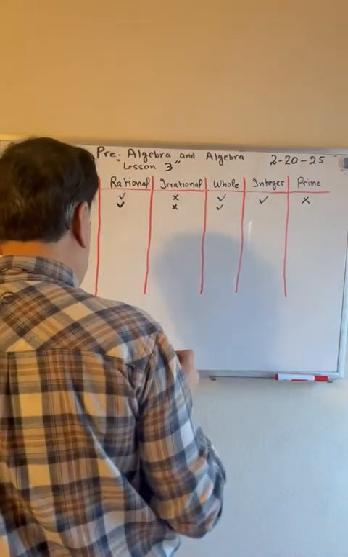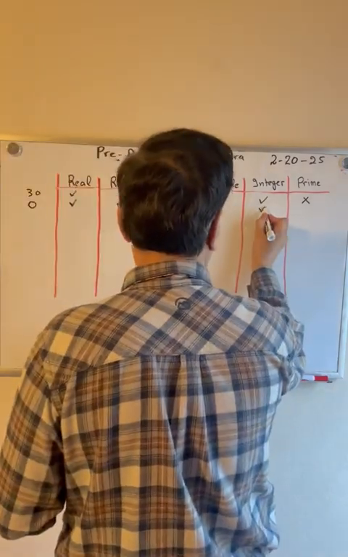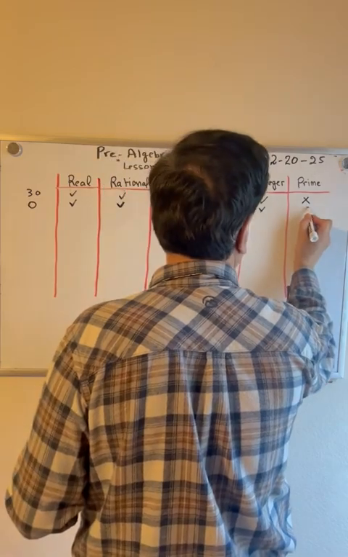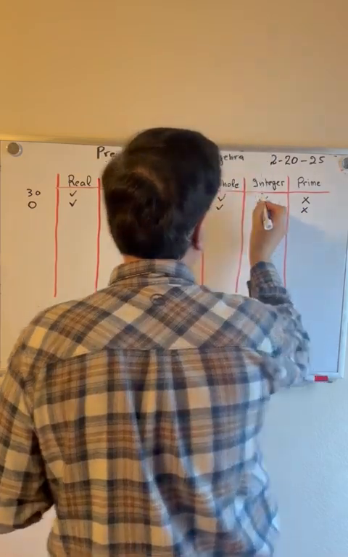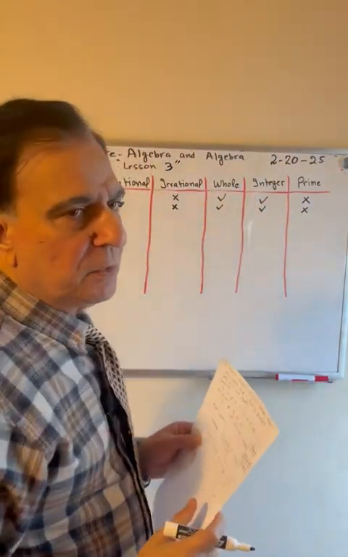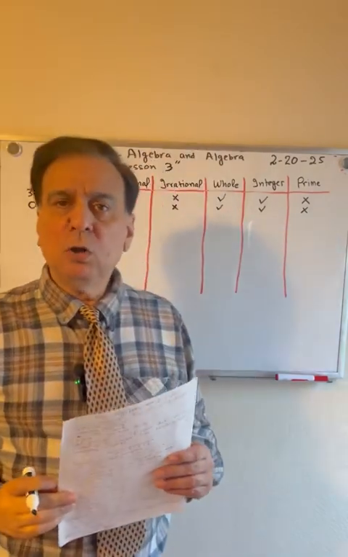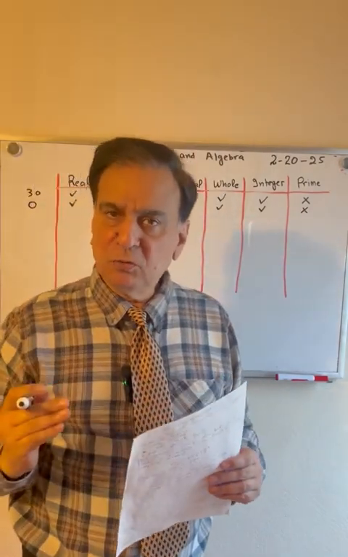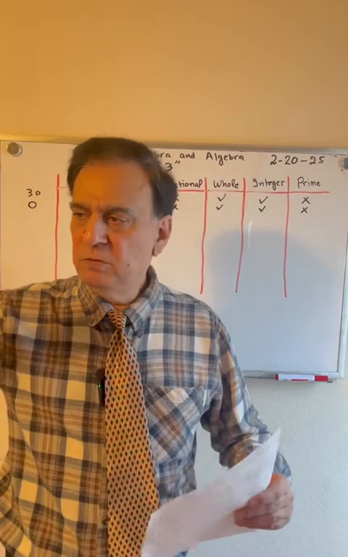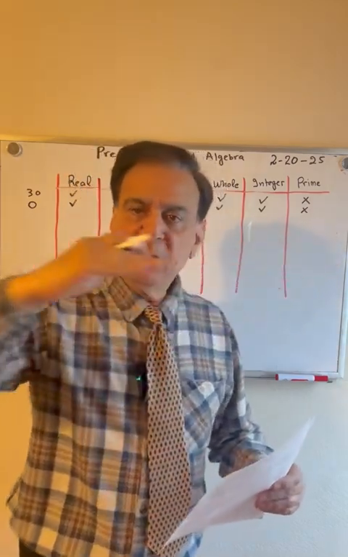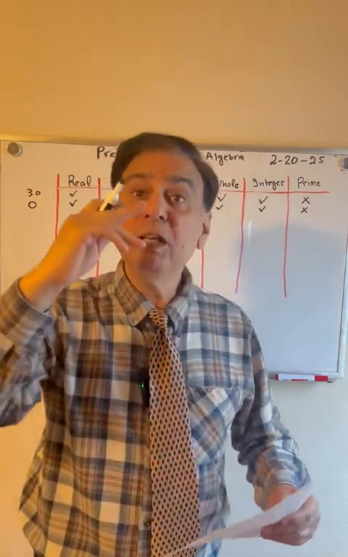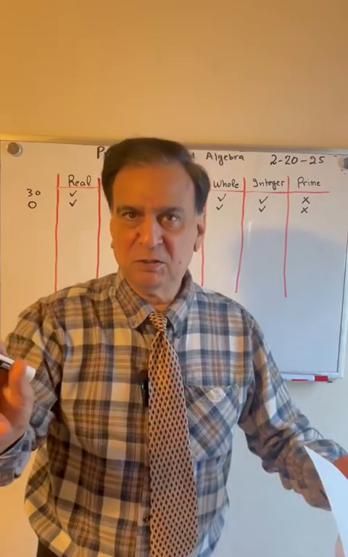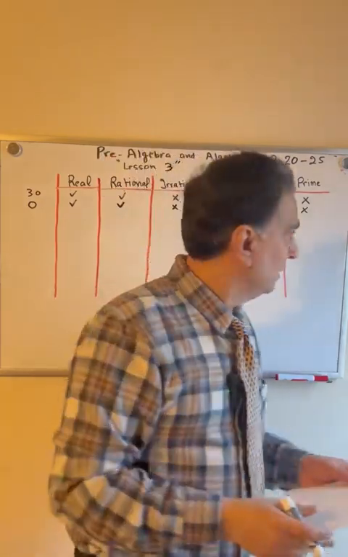Is 0 an integer? Yes, it is. Is 0 a prime number? No, it's not. If you recall, the definition of integers is all those numbers, positive or negative, which can be written on the x-axis, including 0, but no decimals. So always remember that.